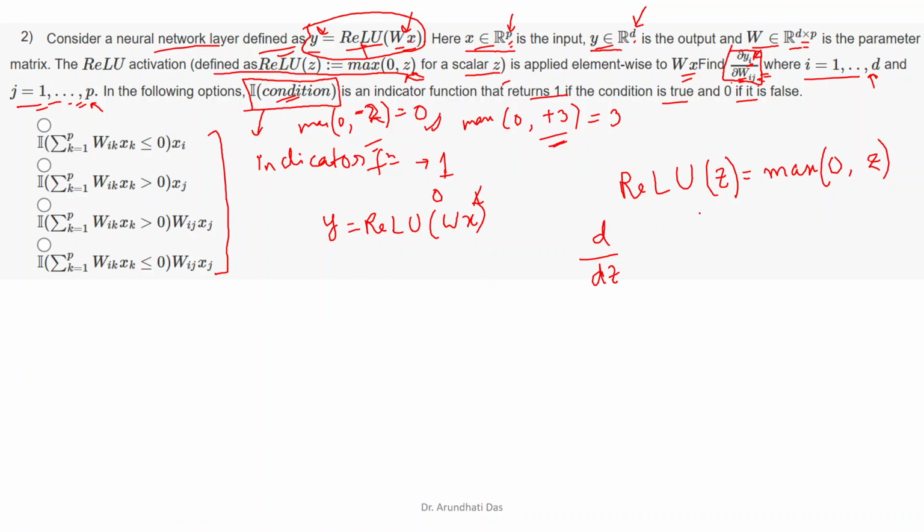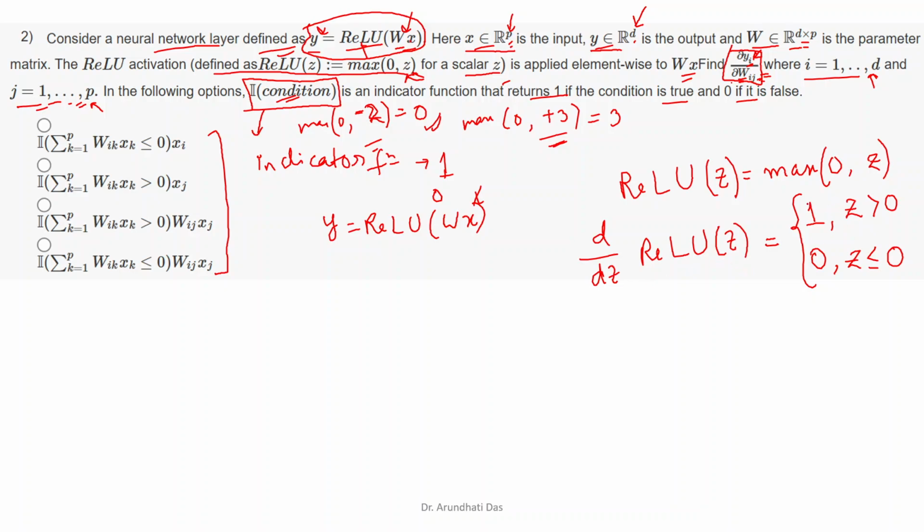The derivative of the ReLU function, a well known concept, gives 1 if the scalar value inside is greater than 0, and otherwise gives 0 if the scalar value is equal to or less than 0.